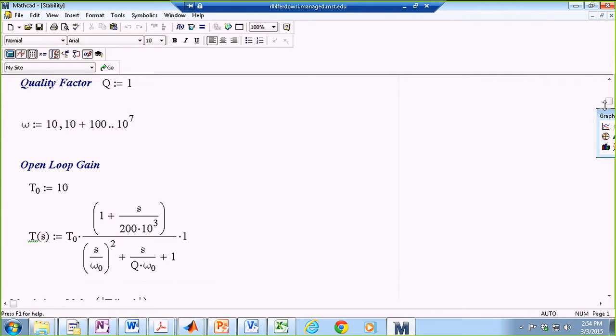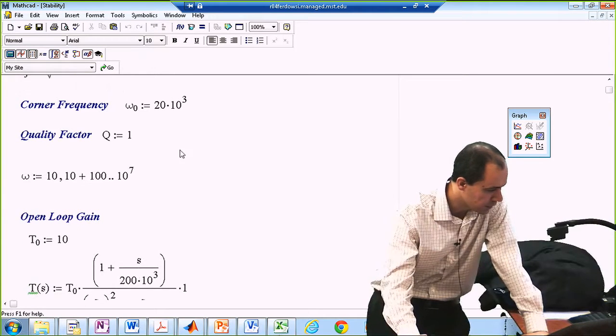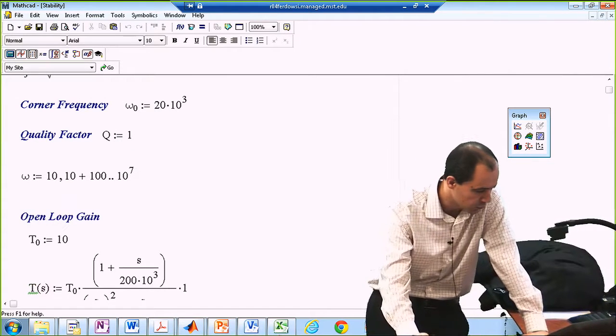The reason that I have chosen the second order system is because most classic power electronic converters are second order systems. Omega naught is 20,000 radians per second, and Q, the quality factor, is 1.